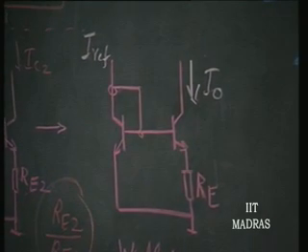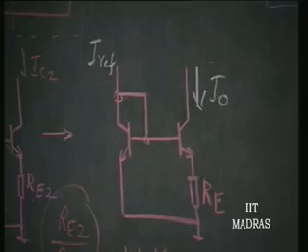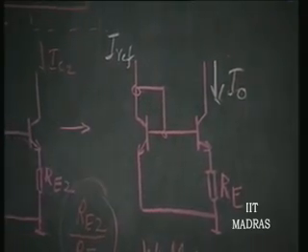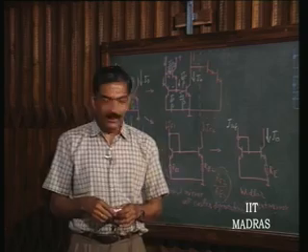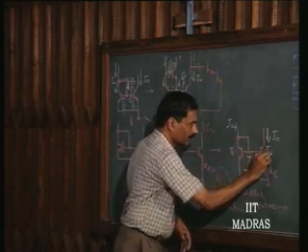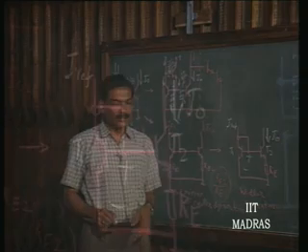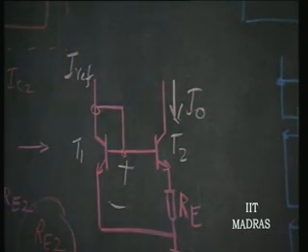We had already established that I reference and I naught are related by a very important relationship, in the sense, if this is T1 and this is T2, if this is VBE1, what will be the value of VBE1 in terms of I reference?